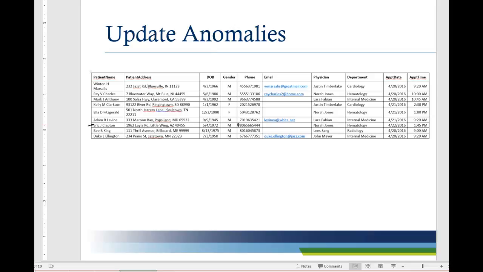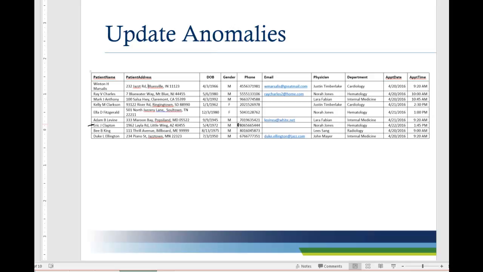Let's say this Eric Clapton guy has been with the clinic for 10 years and has, unfortunately, many chronic conditions that required him to be seen by various doctors quite frequently. So there may be hundreds of records for Eric Clapton that need to be updated.